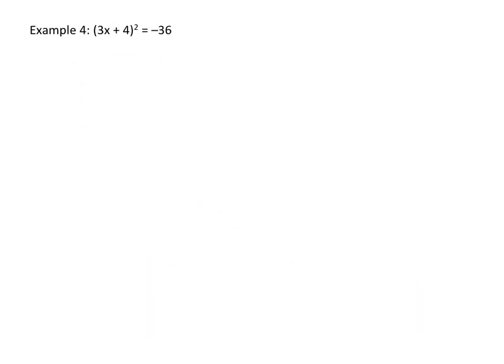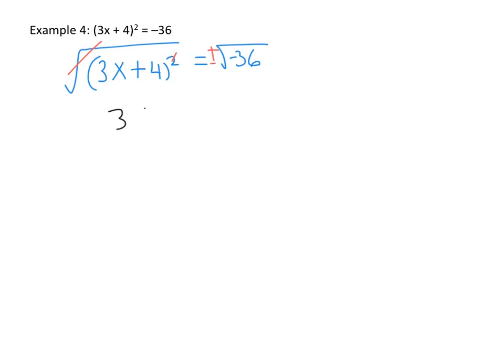Move on. We do another example here. In this one, the square is by itself. So we have 3x plus 4, squared, equal to negative 36. I take the square root of both sides, and I remember plus or minus. This is gone, so I'm left with 3x plus 4 is equal to plus or minus the square root of negative 36.